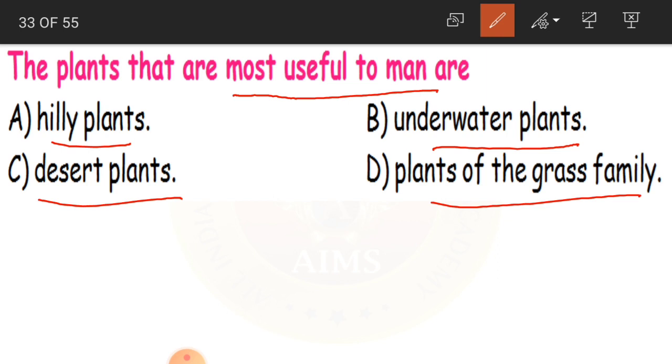What all we eat, mostly it comes from plants, like rice, vegetables, fruits, all that. But in our options we have plants of grass family, which is much useful to man because we consume rice, paddy and all that from that type of plants.